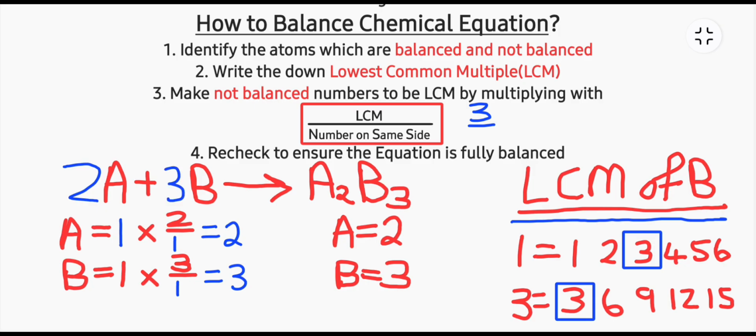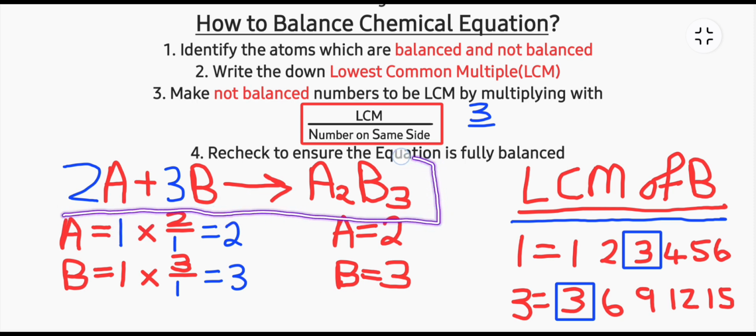And what's key is for you to know that you are not going to create or destroy atoms. So now there is a 2 more, there is a 3 more. Yes, it is balanced. We don't create or we don't destroy. So this is how we balance.